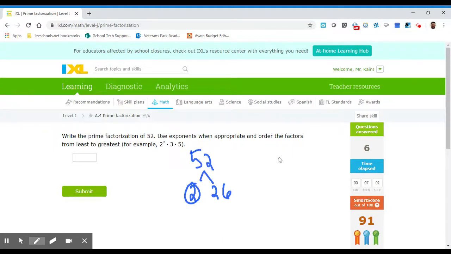Just go ahead and do 52 and then divide it by 2 and see what you get. Okay. All right. And I know 26 is even, so 2 and 13. Okay. And remember, there's two twos. So I'm going to go 2 to the second power times 13.